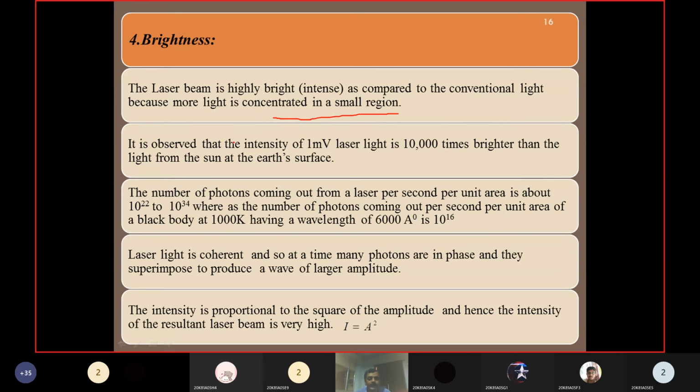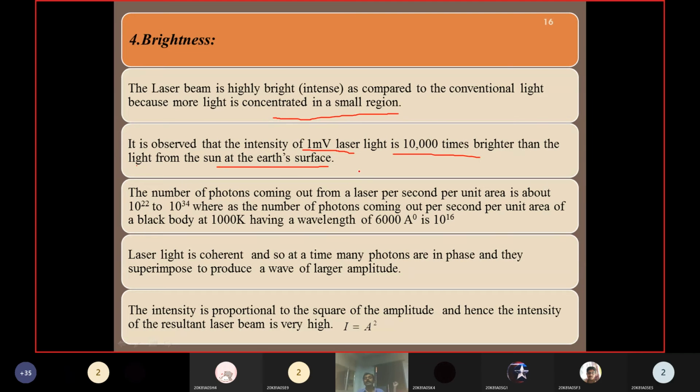It is observed that the intensity of a 1 milliwatt laser light is 10,000 times brighter than the light from the sun at the earth's surface.